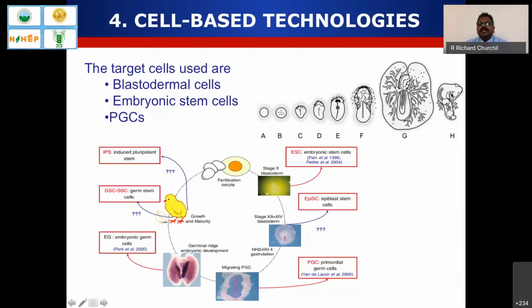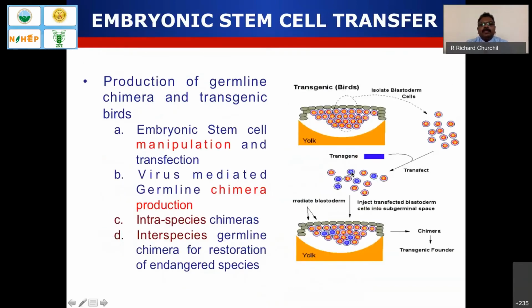So before it settles there, you have to collect the primordial germ cells, and the cells you collected can be cultured in the laboratory, where you can make all the modifications. You can introduce a new gene, and the modified primordial germ cells can be introduced into another host.